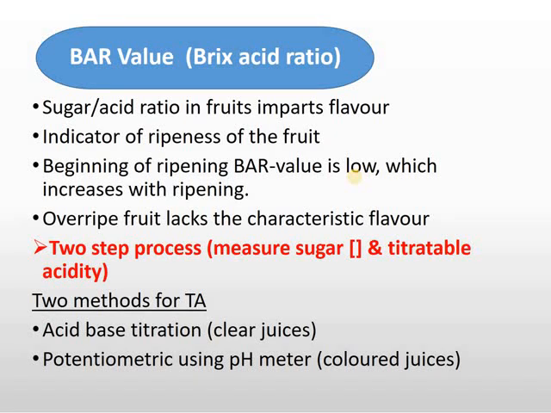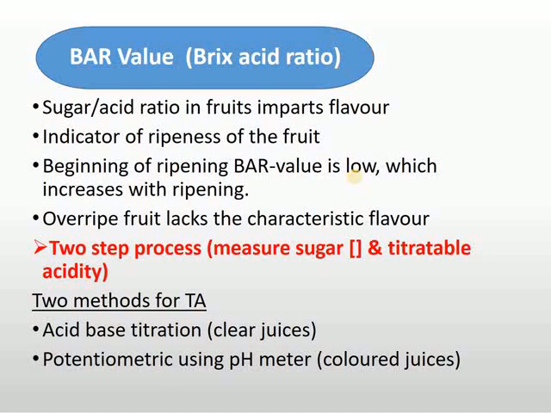When it comes to the titratable acidity, there are two methods, because if we're talking about acids, they always go with bases. The first method is what we call an acid-base titration. This acid-base titration is suitable when you have clear juices, because you just have your acid that's already in the juice, and then the base that we normally use is sodium hydroxide.